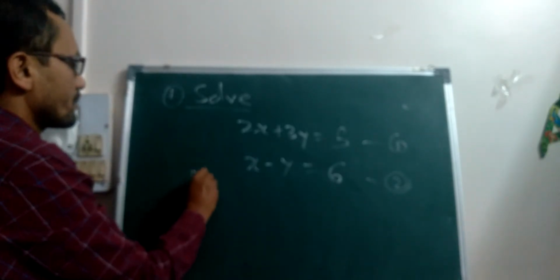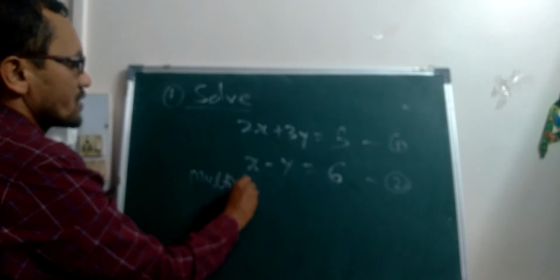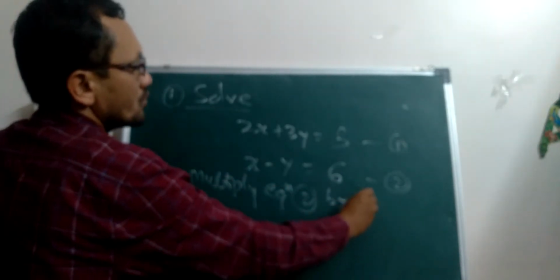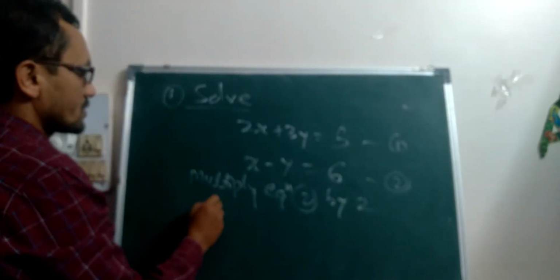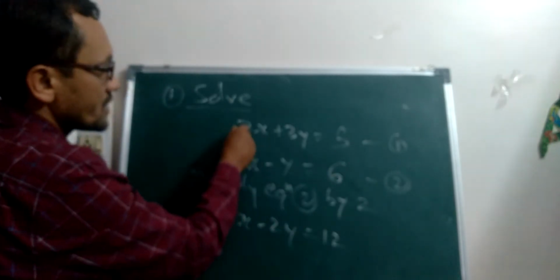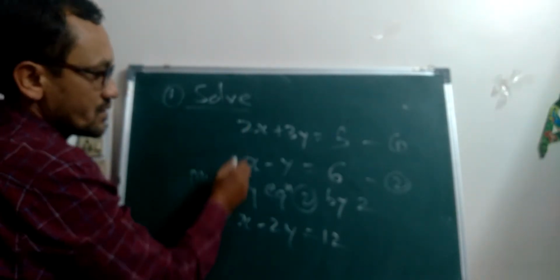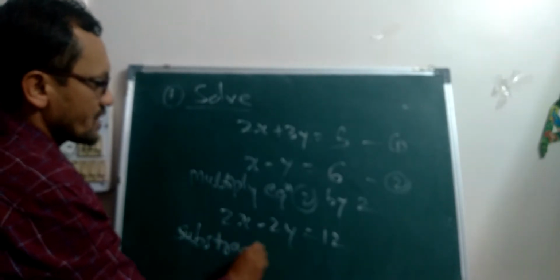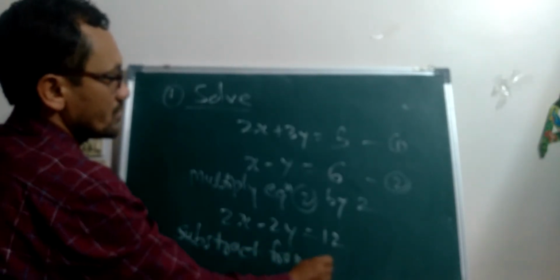So multiply equation 2 by 2. What do we get? We get 2x minus 2y is equal to 12, and we will subtract this equation from equation 1.